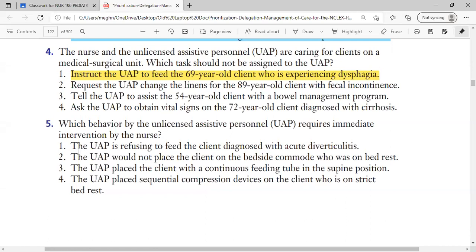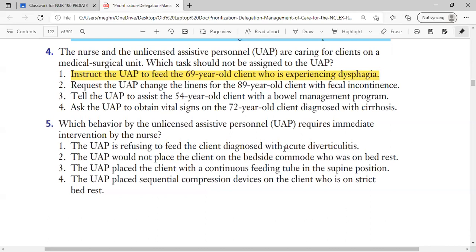So number 1 is not an answer, because the client diagnosed with diverticulitis should be nothing by mouth. Therefore, the UAP should not feed the client. So refusing to feed is right, because the patient is in an acute condition. In an acute condition, we do not give them any food. We tell them not to take food, nothing by mouth.